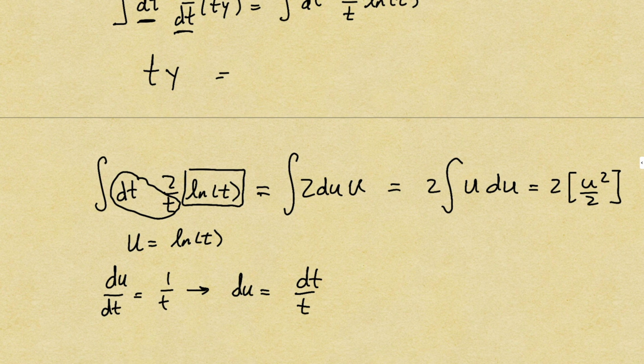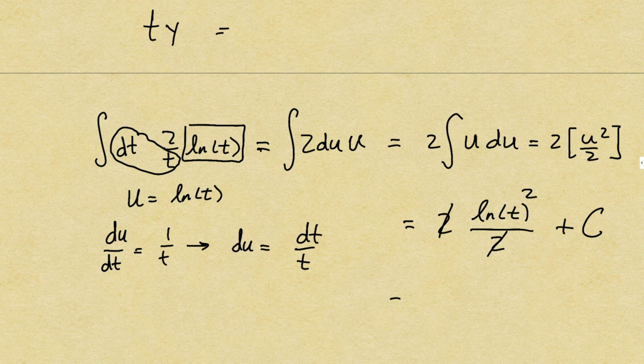So let's plug back in for u now. We have to remember that u is actually the log of t. So in the end, we have 2 times the log of t squared divided by 2 plus some integrating constant. And we can cancel these 2's. In the end, it's just log of t squared plus this constant.